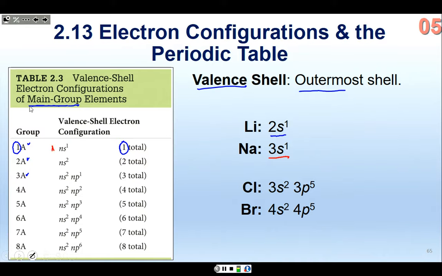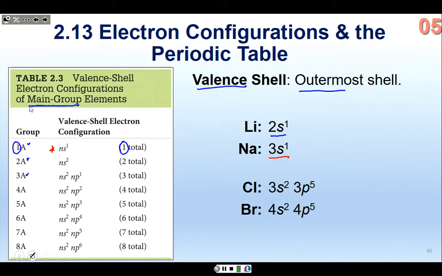And so ns1 tells you that n is the shell number, or the principal quantum number, and one valence electron for group 1A, regardless of which shell the valence electrons are found in. For group 2A, we could do the same kind of thing.